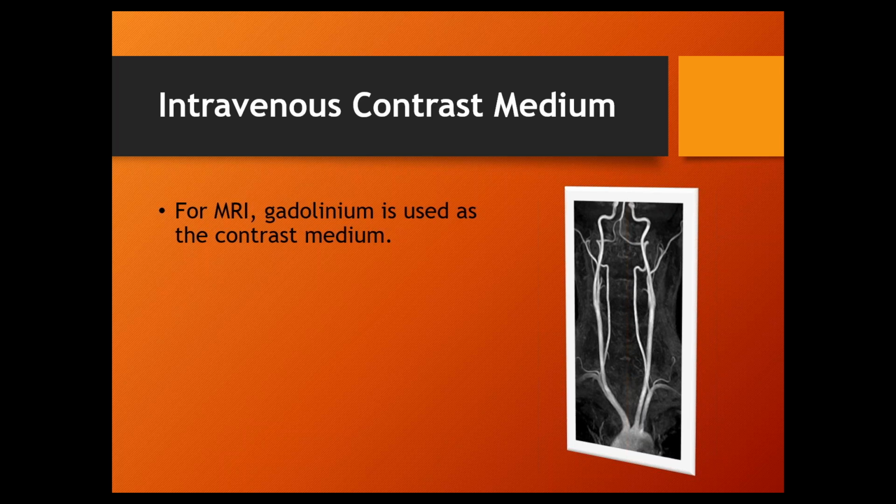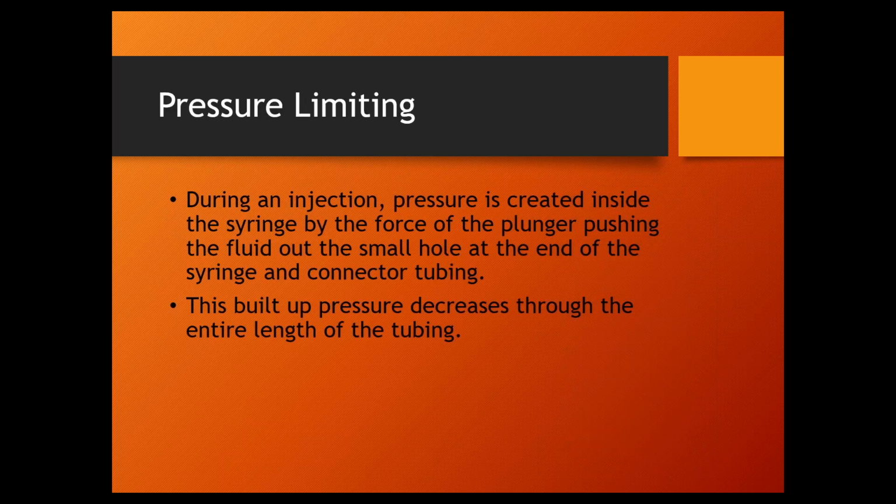Same exact result, just does it in a totally different way. So CT and angio injectors have iodine-based contrast fluid. MRI has gadolinium-based contrast fluid. And I don't know how gadolinium does what it does to the hydrogen atoms in the body. It just does, though. All right.